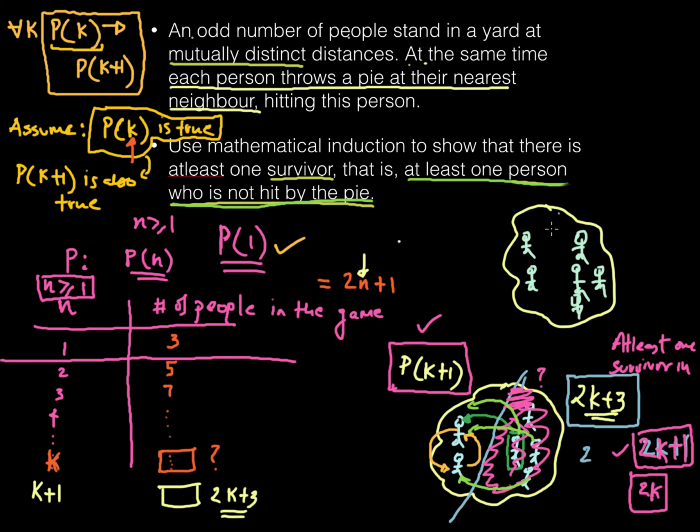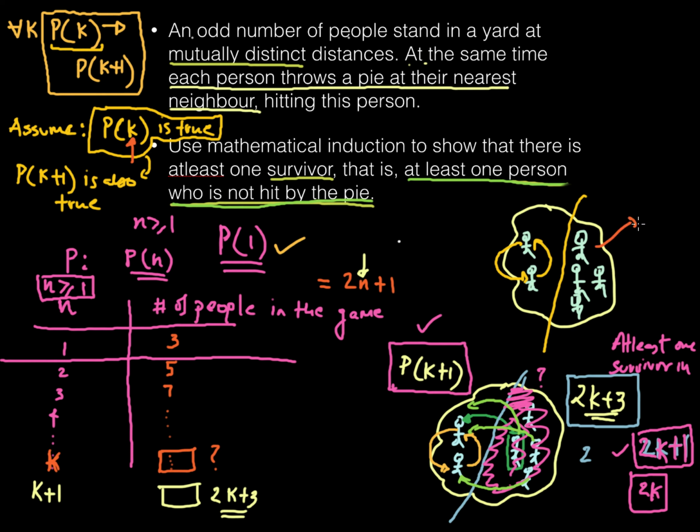I also know that this person throws a pie at this person over here, this person throws a pie at the second person here, and there is no crossing of pies across this yellow line.